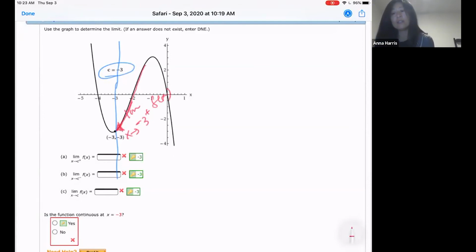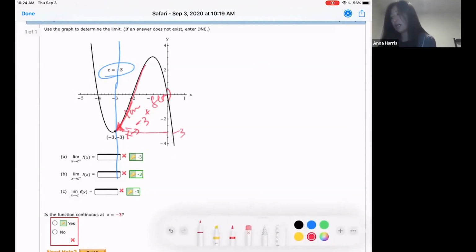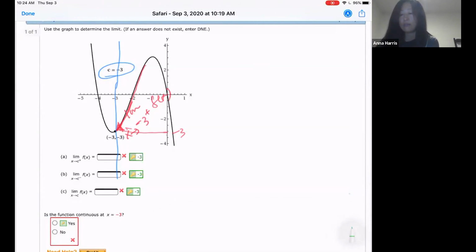where does my y value approach? Where does the limit approach? It's -2, isn't it, right there? Right? How about the other way? I'm looking at x approaching -3 from the negative side of the function.